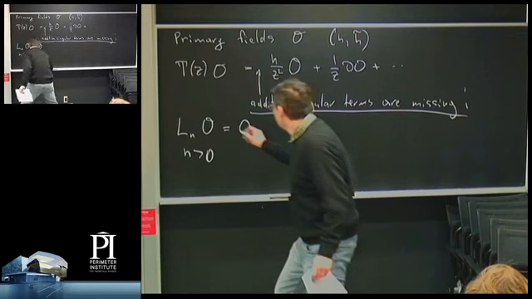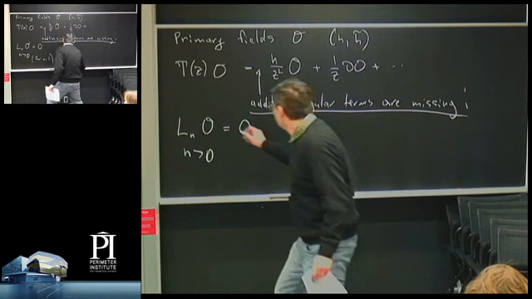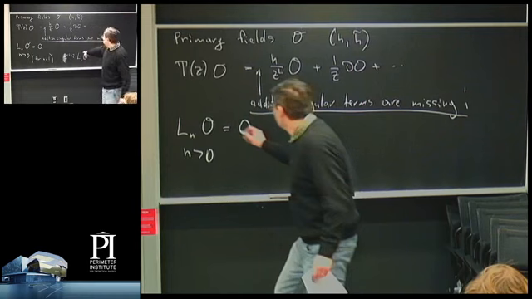So for example, for n equals 1, this would come with 1 over z to the power minus 1 minus 2, L1 whole, right? And so this is z to the minus 3, and there is simply no such term in the OPE.